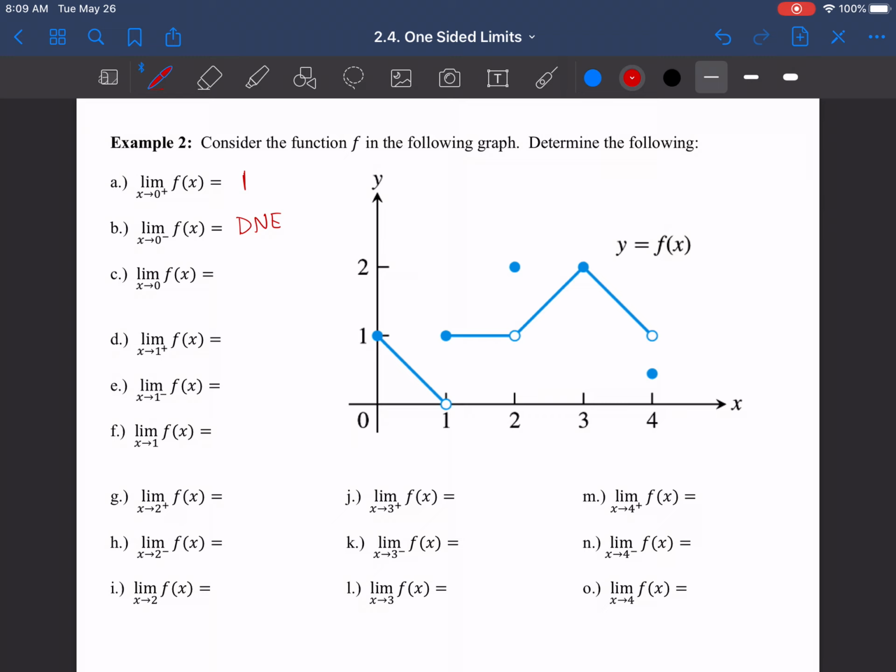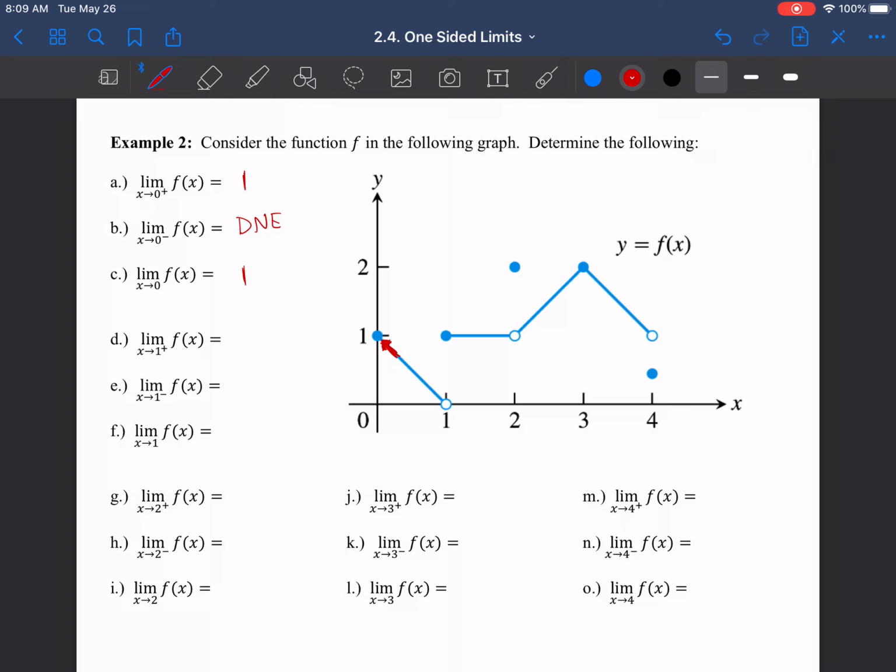The next one, the limit of f of x as x goes to 0, just in general. Here we can go ahead and say this is 1 because we had a limit of 1 as we went from the positive side, and then for the negative side we were on the edge of the domain, so they don't have to match in that one situation, which means this one can just be 1 for the regular limit.